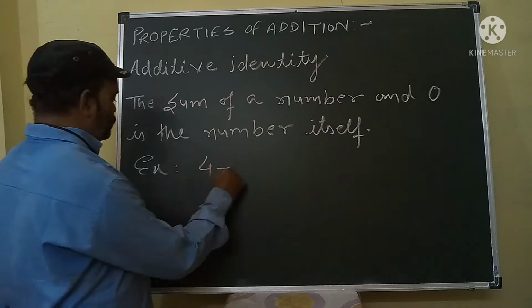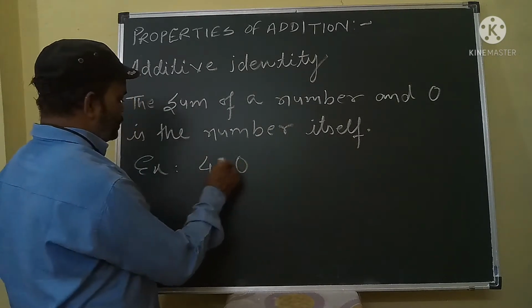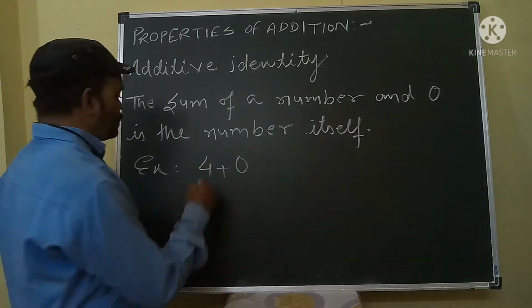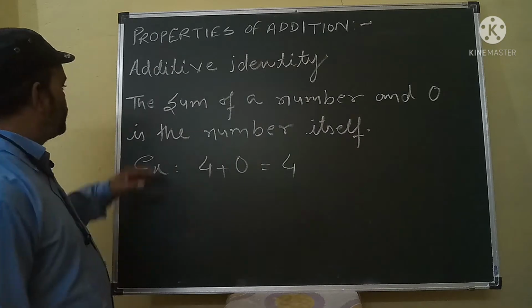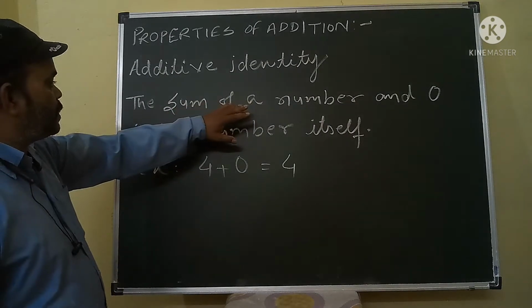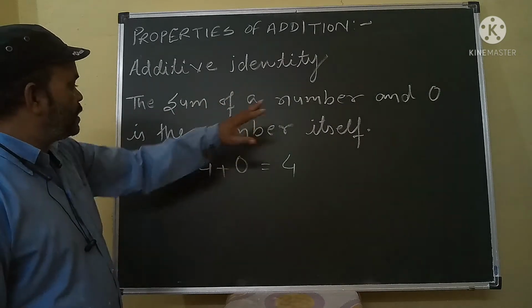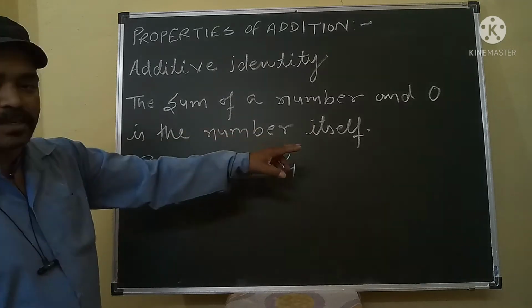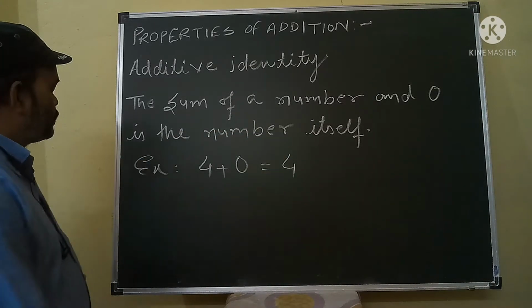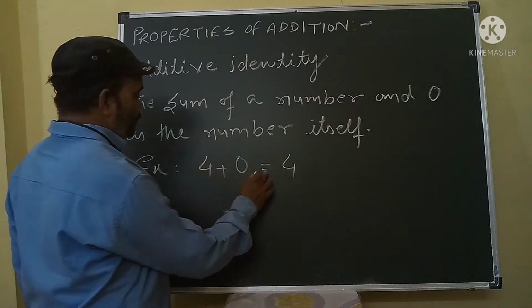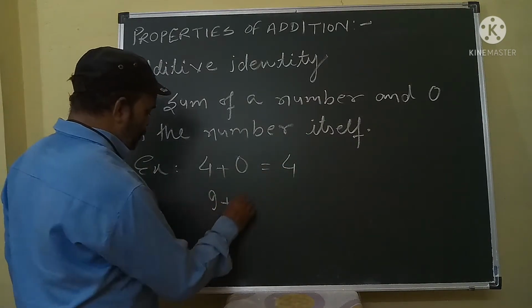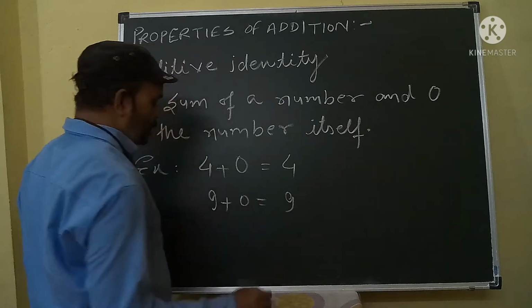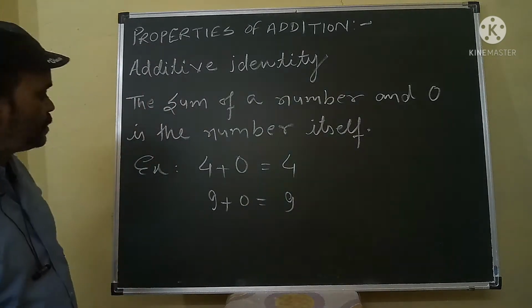If you add 0 and 4, then you will get 4. That means the sum of a number and 0 is the number itself. 4 plus 0, it will give you 4. 9 plus 0, it will give you 9.